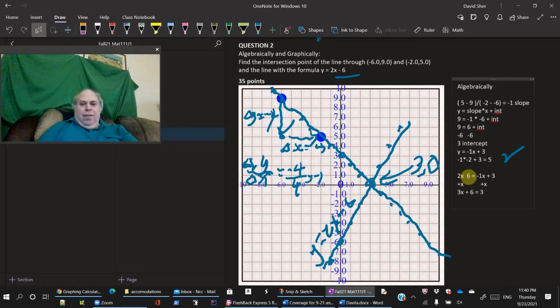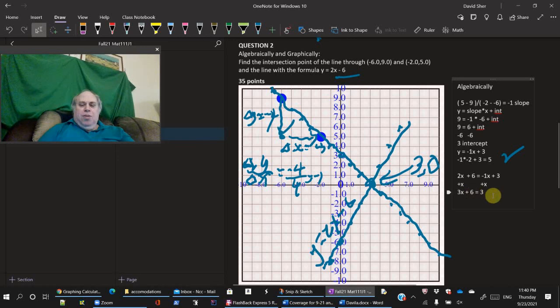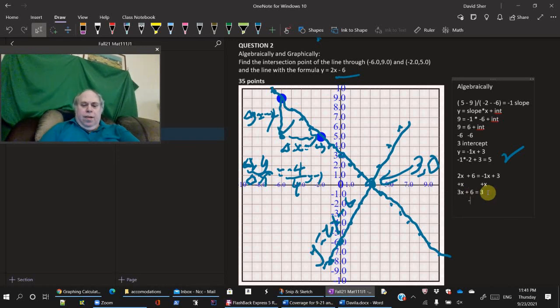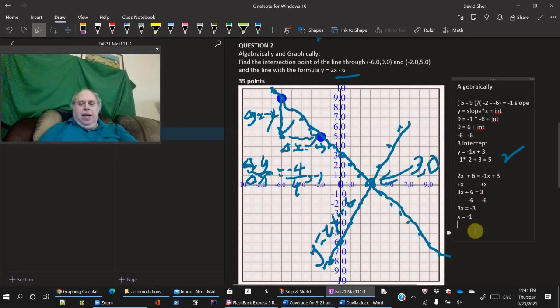Well, let's see what would have happened if I did this wrong. 2x plus 6. I'd subtract 6 from both sides, and I'd get 3x equals minus 3, and x equals minus 1. So I already know that can't be right, because I got a different answer graphically, unless I made a mistake graphically, which can happen.